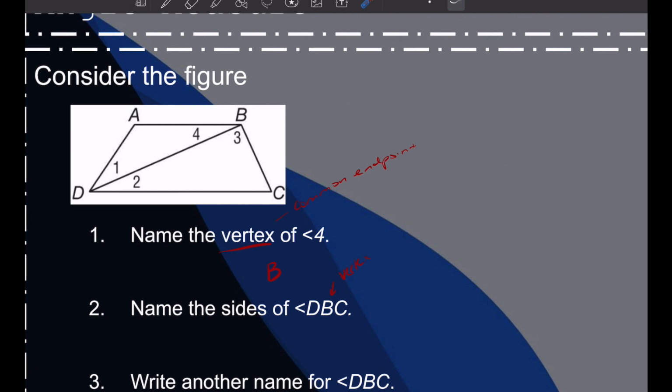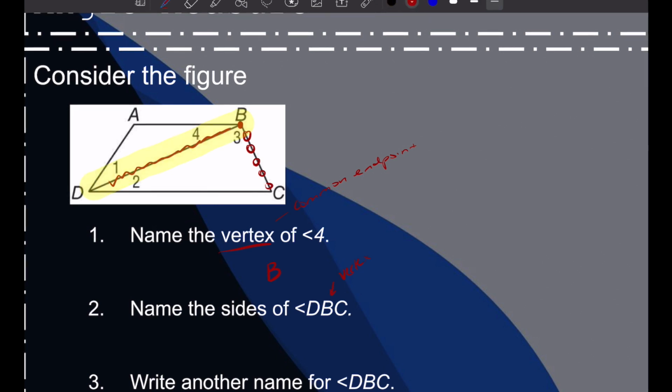So I know that here is the common endpoint, and one of my sides is here, and my other side is there. Okay. So looking at this particular ray, let's name it. So I have to start with my common vertex, or common point, which is B. Where is it going? It's going to go, let's say, to D, all right? To infinity. So this is what I'm going to write, B, D.